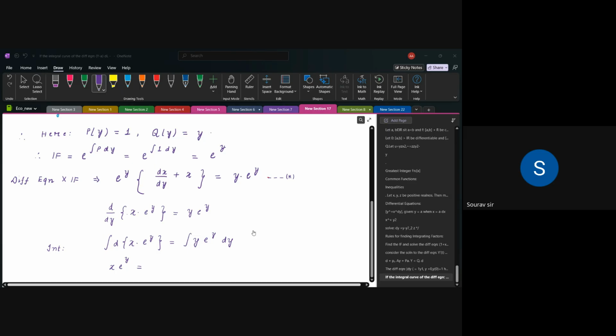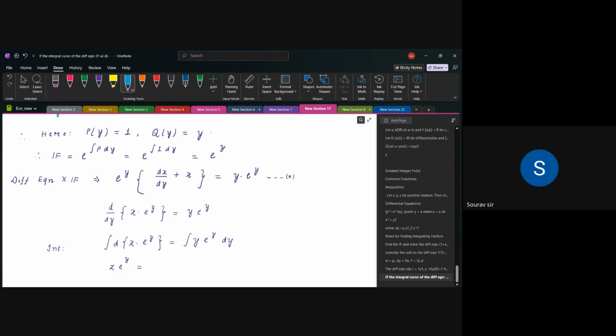Anyone? So you have y into e to the power y, right? So you cannot substitute anything for the other. So this has to be solved by parts. Correct? And for solving it by parts, what do you need to use?